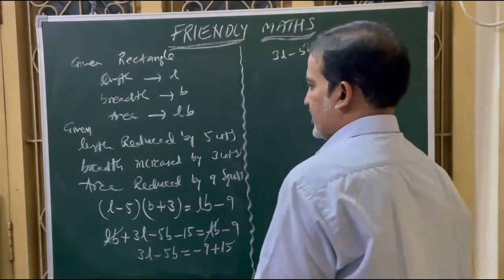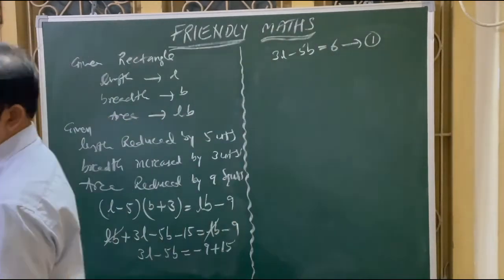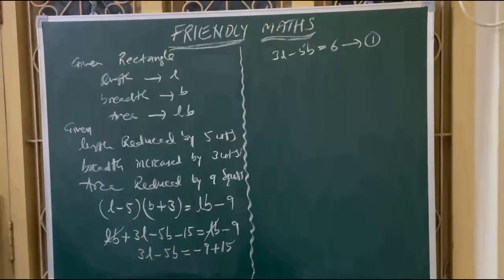Equation number 1. Okay. Now to get the second equation, I will read the condition once. Length increased by 5 units and breadth increased by 2 units. Area increased by 67 square units.